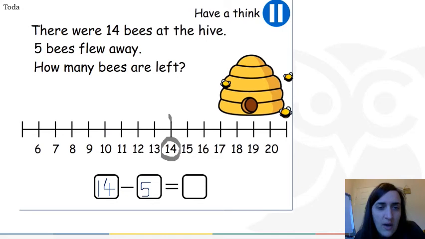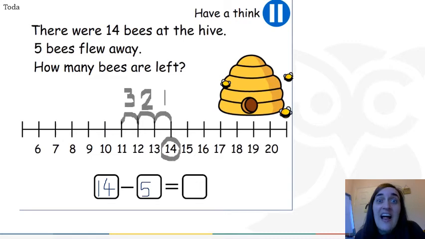One's going to fly away. Jump. You can jump too. Then another one flew away. 2 jumps. Then another one flew away. 3 jumps. Then another one flew away. That's 4 bees. 4 jumps. How many more jumps do we need to do?